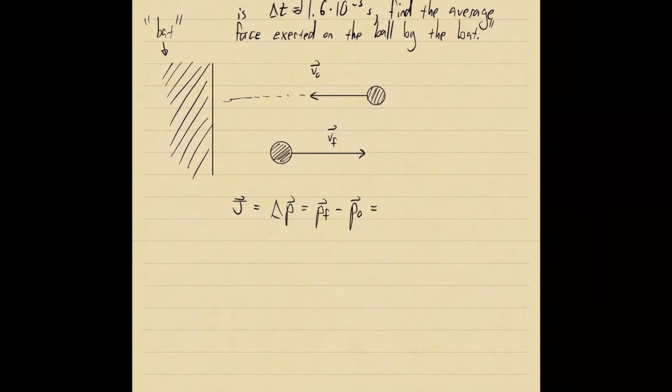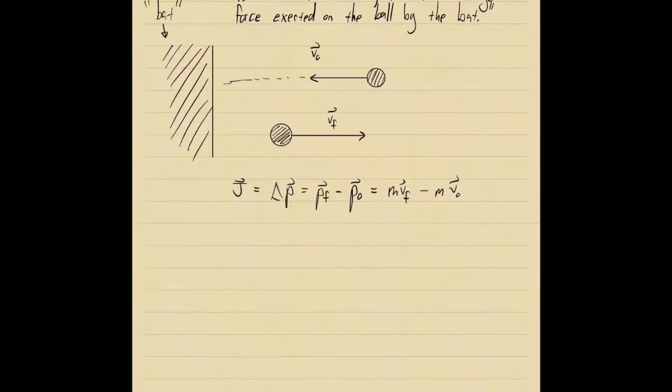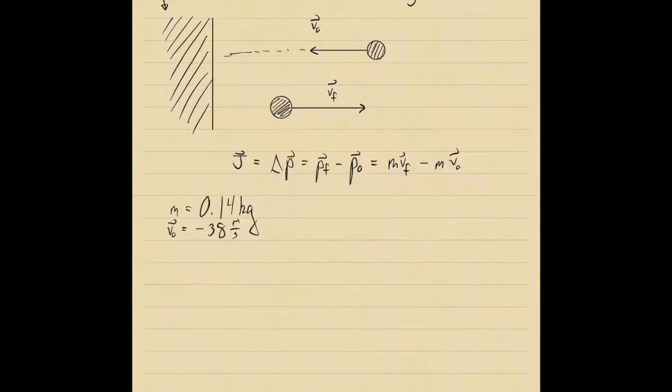Now we actually put in our initial and final values for momentum. The mass of this ball is 0.14 kilograms. The initial velocity is minus 38 meters per second, where the minus sign indicates that it's going to the left. And our final velocity is just 58 meters per second to the right.